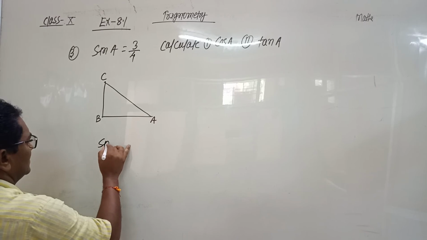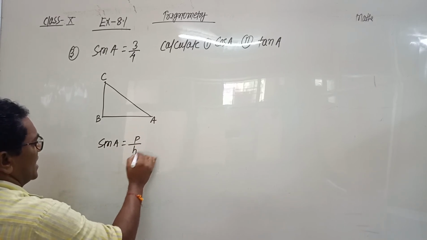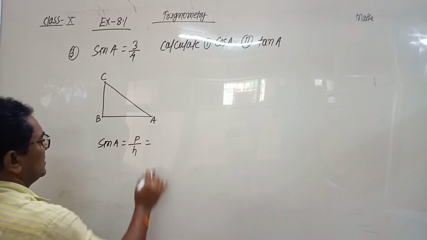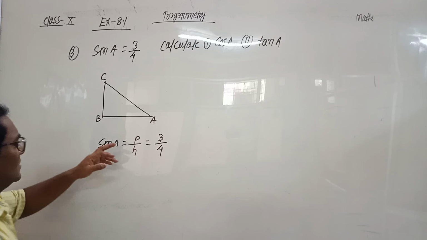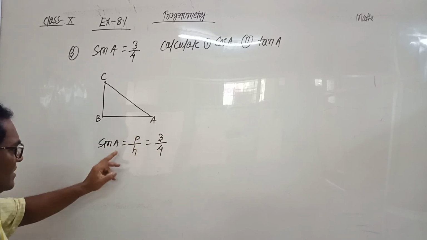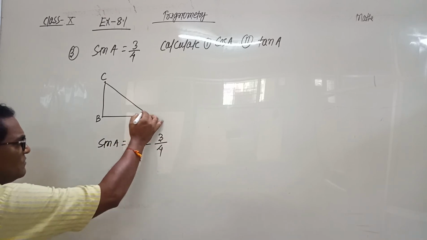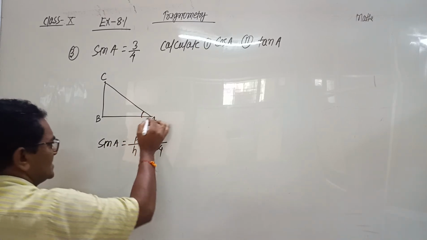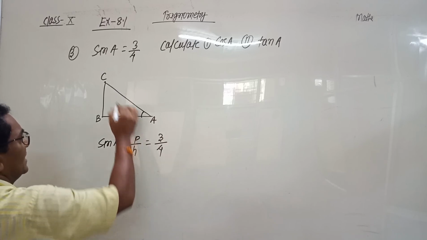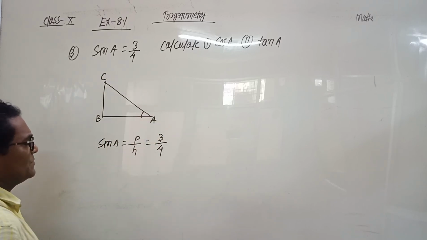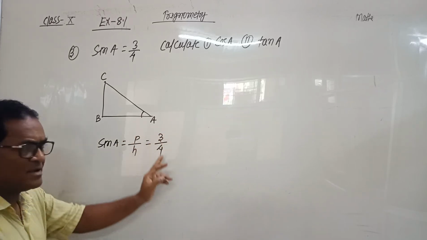You know the formula for sin: perpendicular upon hypotenuse, which is 3 by 4. For this acute angle A, BC will be the perpendicular and AC will be the hypotenuse. So this is the ratio P by H, 3 by 4.